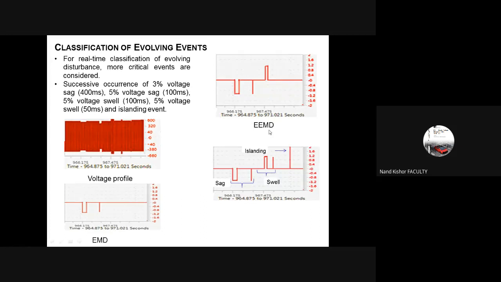Similarly, EMD indicates only the sag and then one case of a swell, which is of much larger duration. But the 50 millisecond swell is not indicated, and islanding is not indicated. But using the EPMD technique, we have clear indication of the sag of longer duration as well as shorter duration, which is just 100 milliseconds.